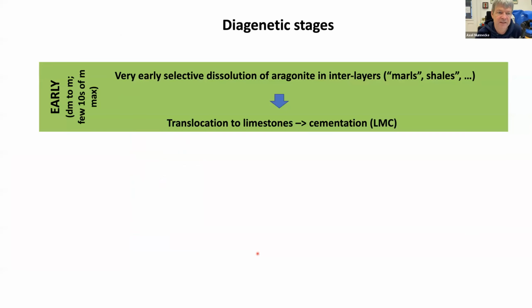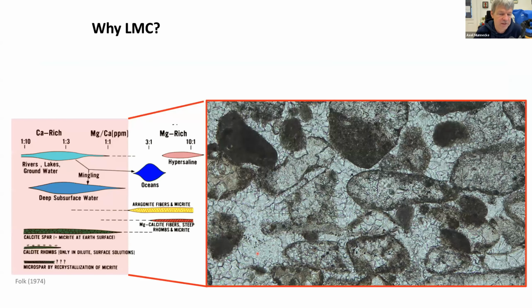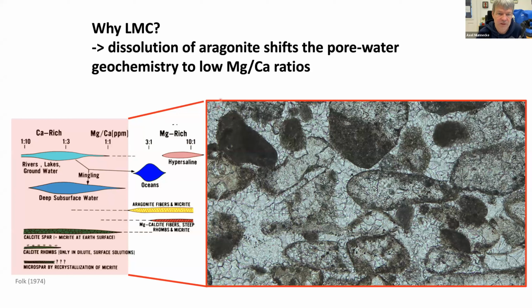If you go back here in the very shallow water, 1-2 meters below the sediment, we would expect marine-derived pore water. And yes, it is marine-derived, and marine water has a high magnesium-calcium ratio, as we see here. But the moment we dissolve aragonite, we shift the pore water chemistry towards a low magnesium-calcium ratio because aragonite has almost no magnesium inside.